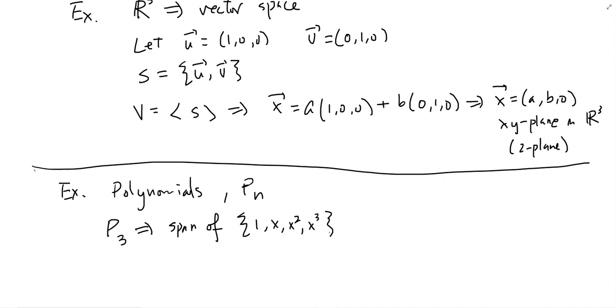So the most basic choice would be 1, x, x squared, x to the third. That would span the entire polynomial space of degree 3 or less. Why? Because if I look at any element within P sub 3, it will look something like this.